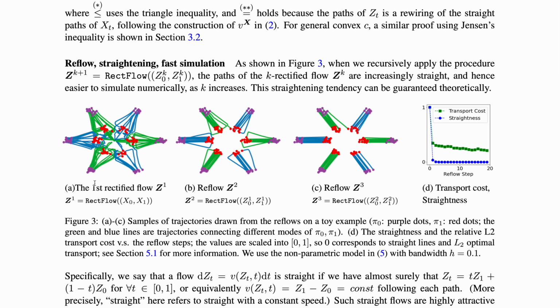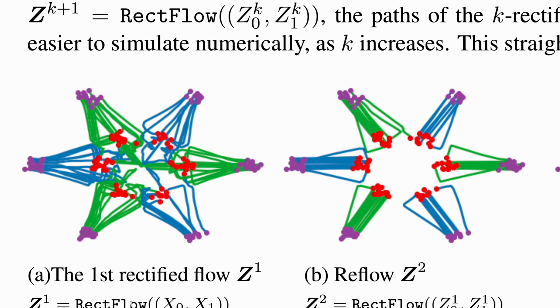So here you can see what you get after the first rectified flow. Once you run the algorithm once, again you can see that there is no path crossing. So in a way, you learn the fastest way to go from one mode to the other. Here we have two multimodal Gaussian distributions, one in purple, one in red.